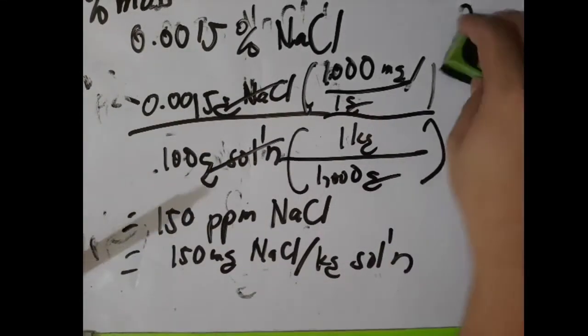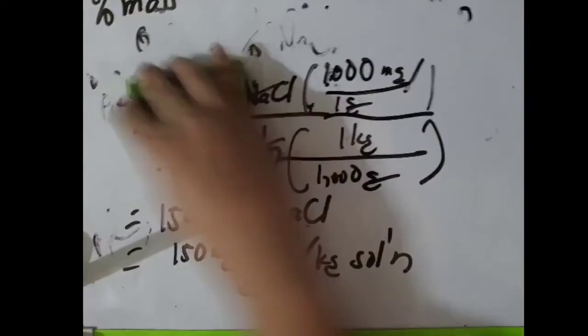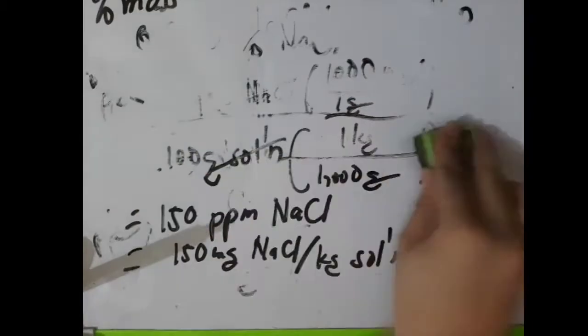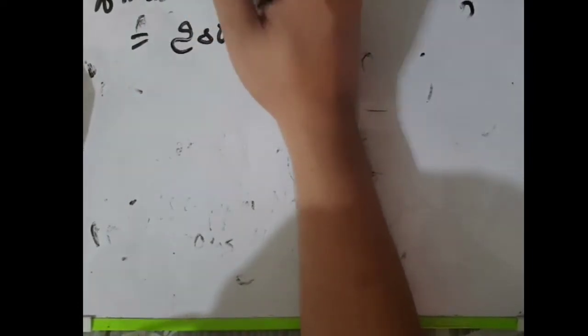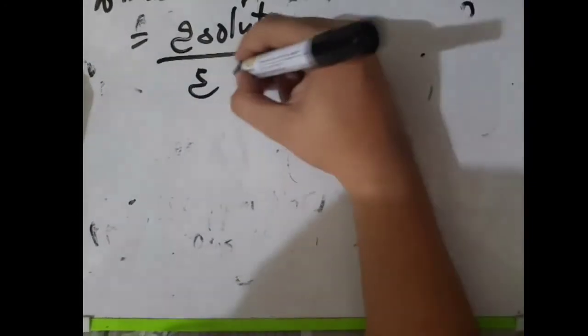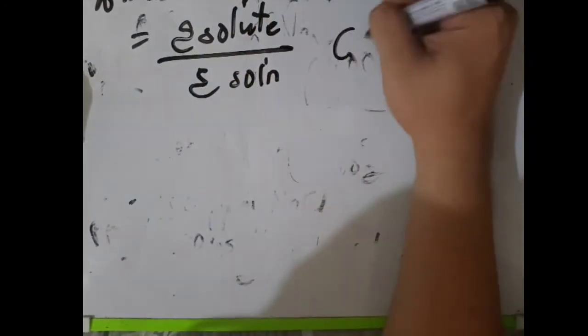Okay, so let's try getting a relation of percent mass and parts per million from our example. Going back to our original formula, percent mass is equal to the grams of solute divided by the grams of solution multiplied by 100.